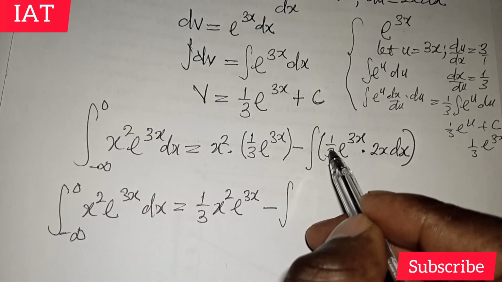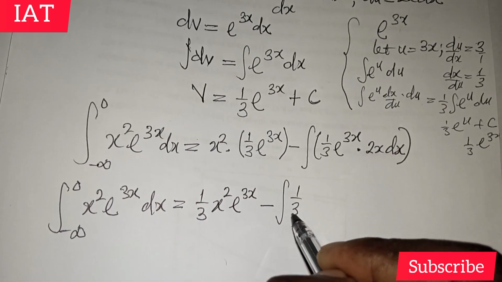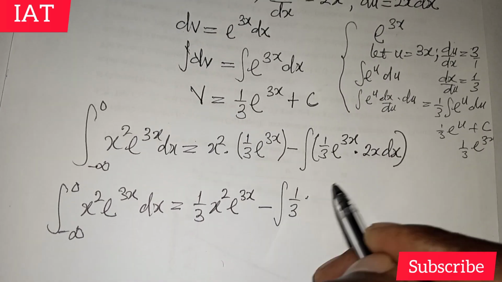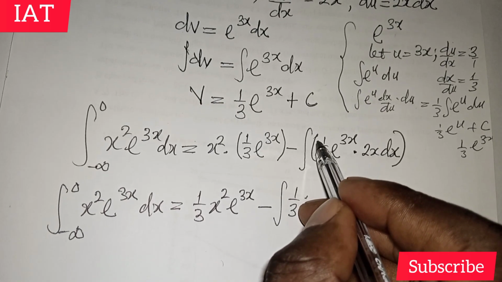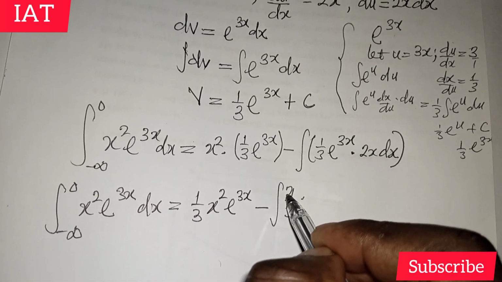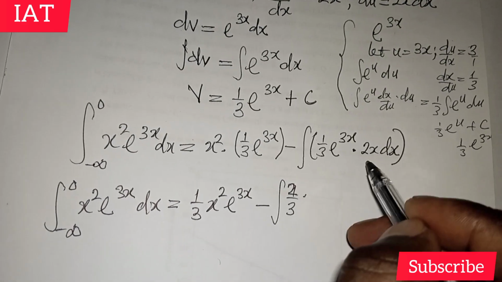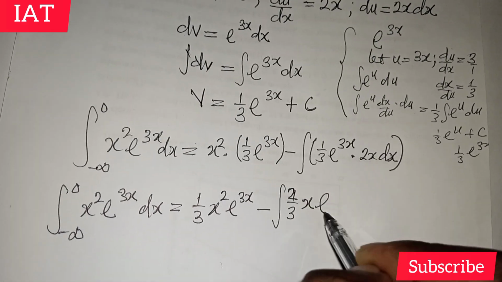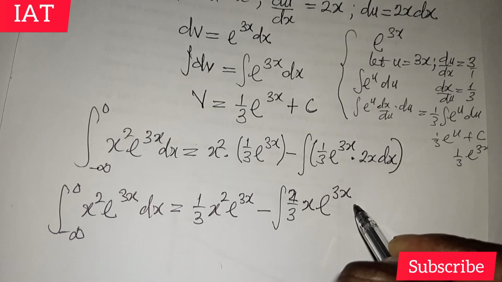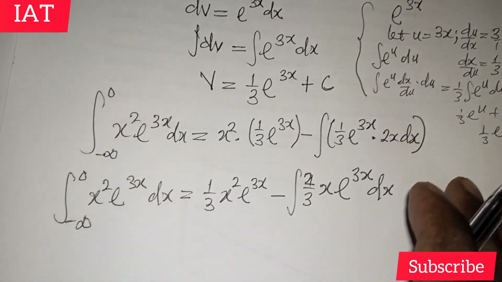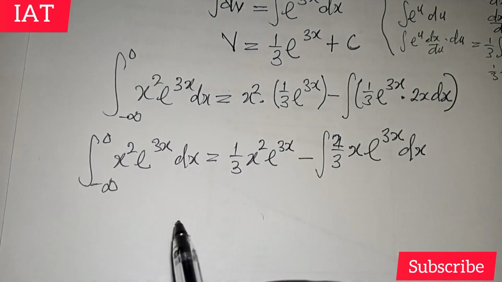So if 2x multiplies by this, we have 1 over 3, 2 multiplies by 1, that will eventually give us 2. So let's put it there directly. So x will be left, and then exponential 3x dx. Alright, so let's keep this normal.